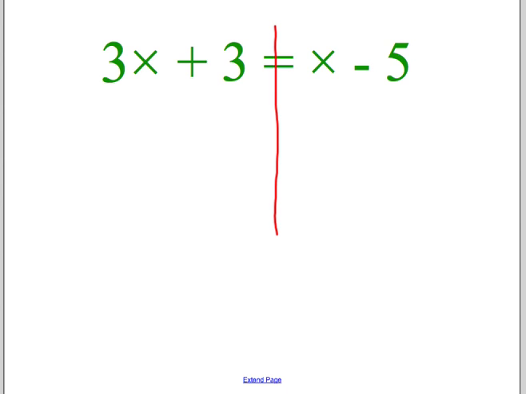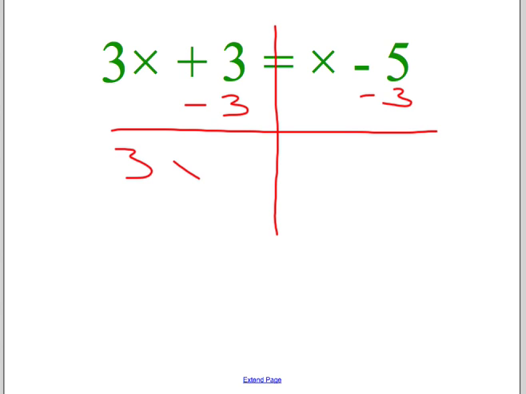You'd take the 5 and the 3 and you'd subtract. I'd subtract the 3 from this side. That's going to be the first step. Same thing. We're going to subtract 3, subtract 3.